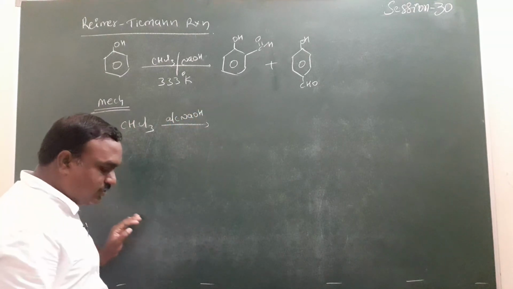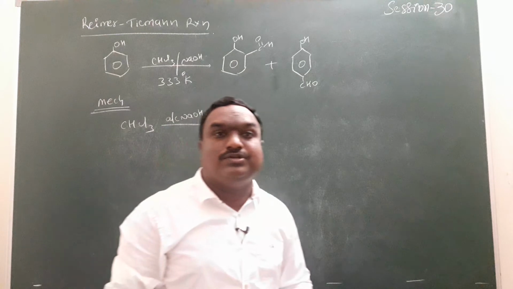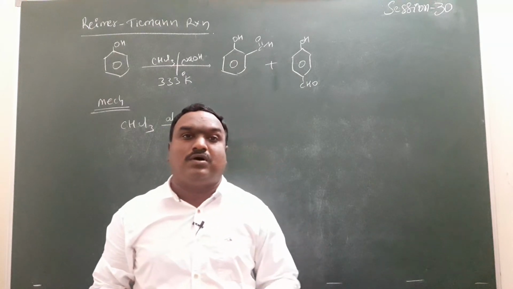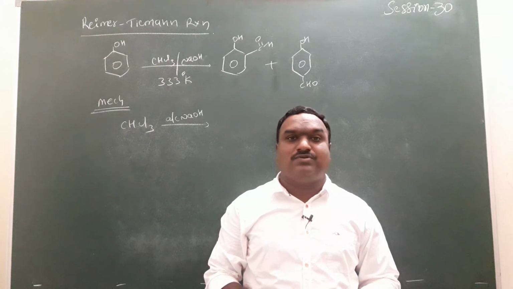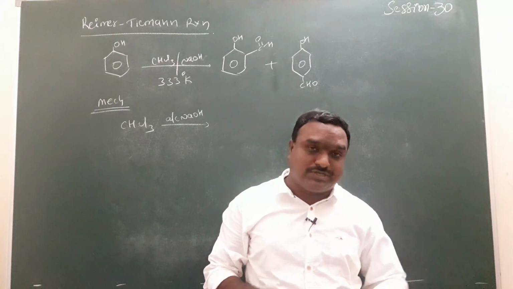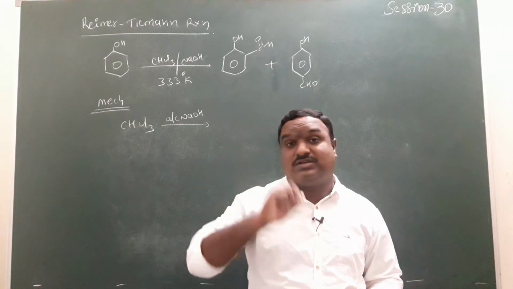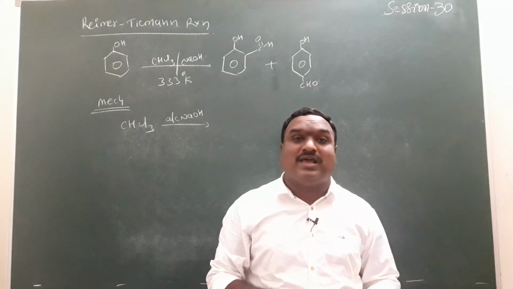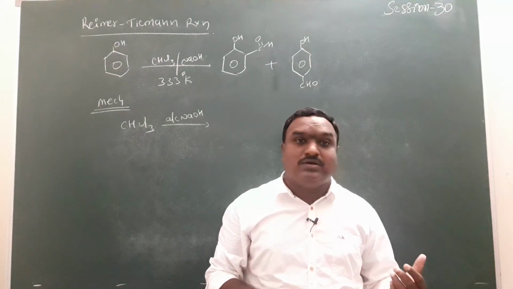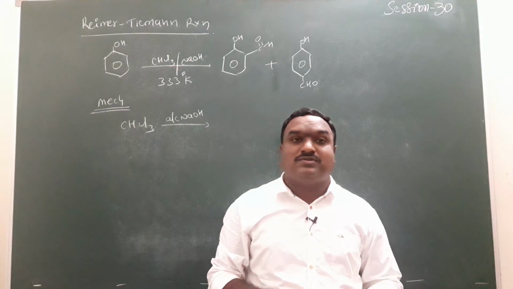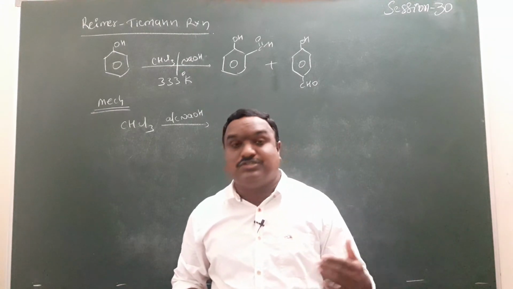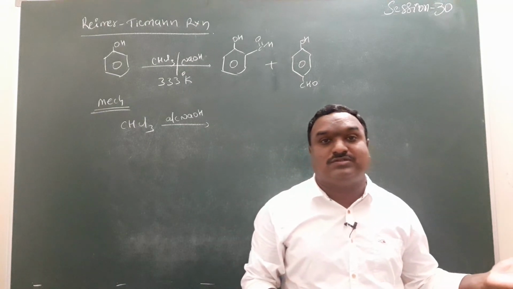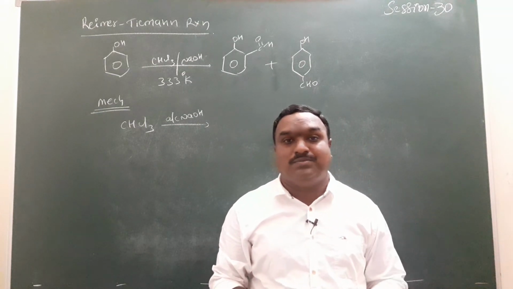You remember, with alcoholic NaOH, elimination always takes place. If aqueous NaOH or KOH is given, substitution takes place. We already discussed that concept in alkyl halide compounds. But whenever elimination is given, based on the reagents we can explain whether the elimination step is alpha elimination or beta elimination.